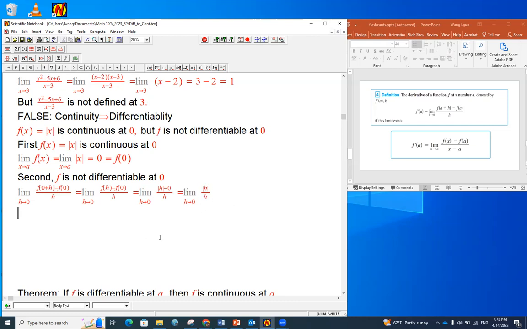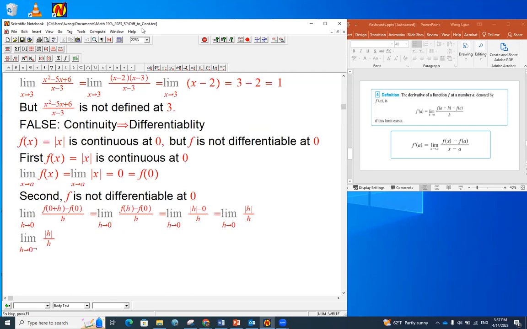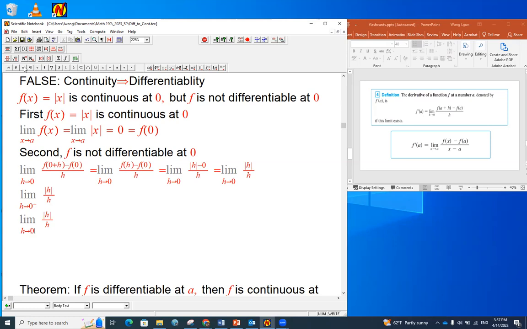How do we examine this limit? We know that the absolute value of a positive number is the same as the positive number. So we have to examine the limit from left and the limit from right. Let me make the fonts a bit larger, because the absolute value is in our consideration.